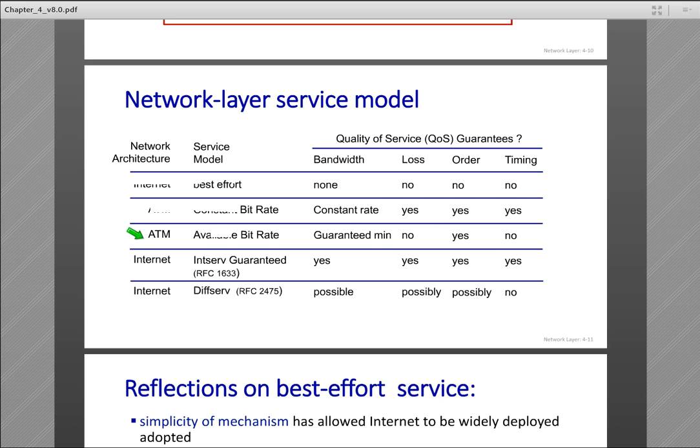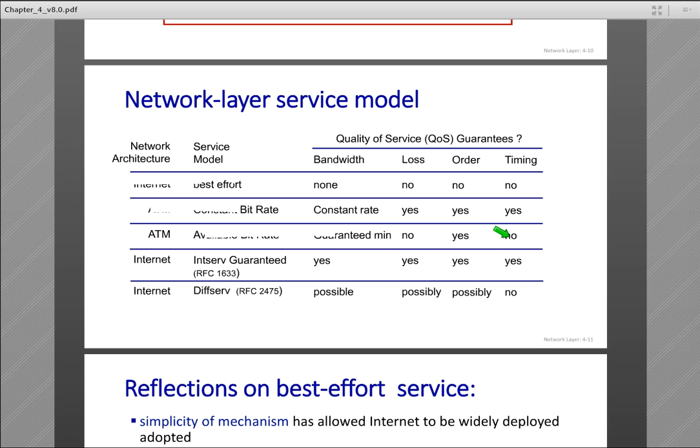Or for example, ATM has another service model, available bit rate, or ABR. It will guarantee a minimum bandwidth and order between packets, but it won't guarantee the loss and timing.